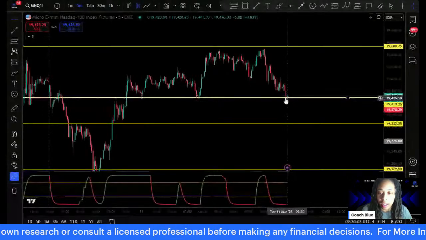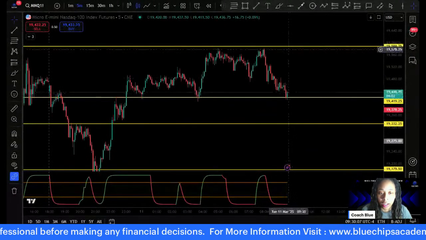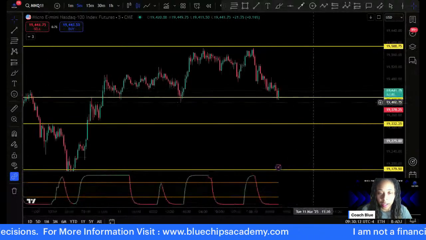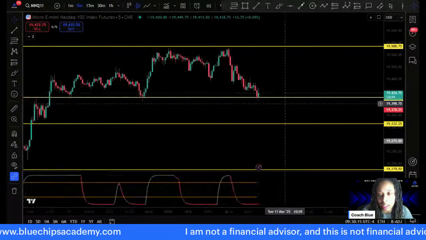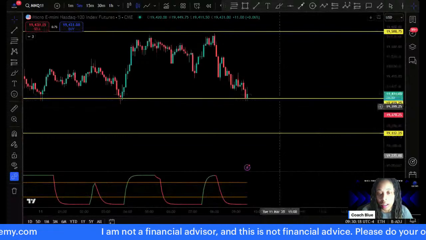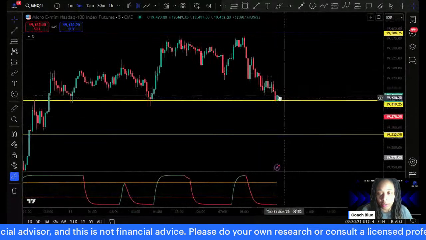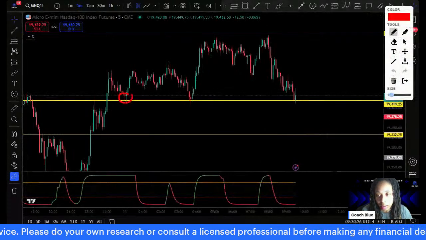So we're right here at a support level, and this is our resistance level here. We're on the 5-minute. If we're looking for a buy, I would like to see some type of engulfing candle, some type of bullish sentiment that shows they have strength here. They did find support multiple times here.